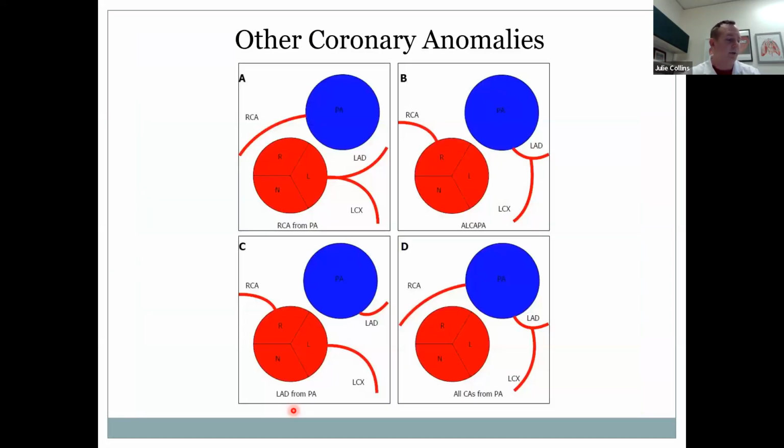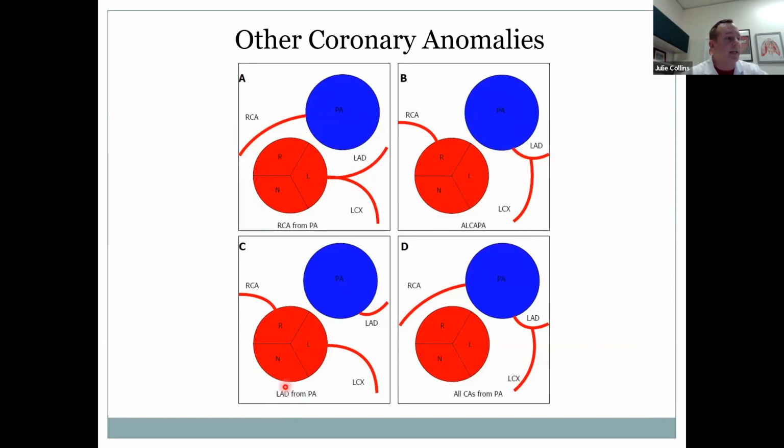And then here are other iterations, just to show you different examples. It's possible to have the right coronary artery come off the PA, okay? That's a possibility. It's possible to have the left main off the PA, like we did in ALCAPA.